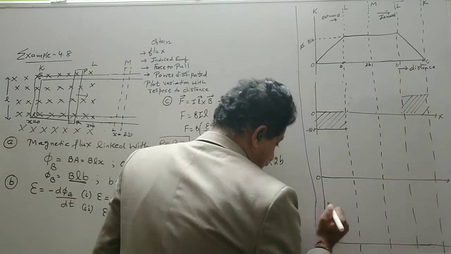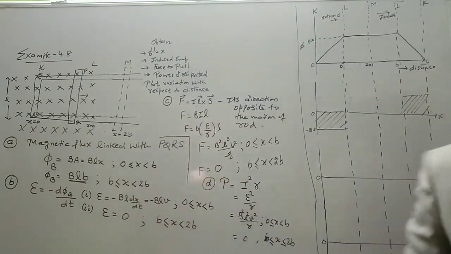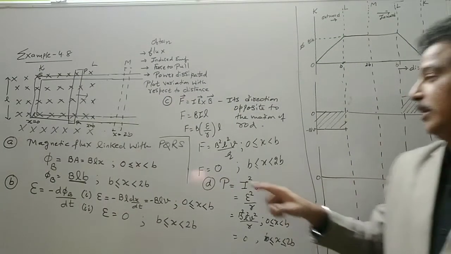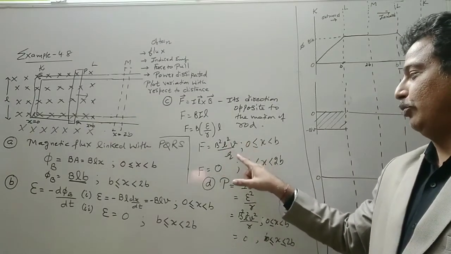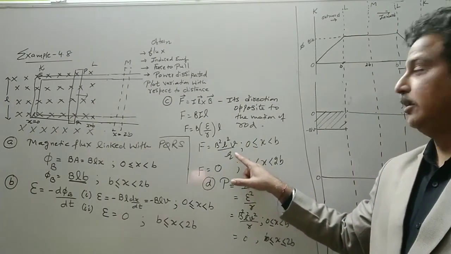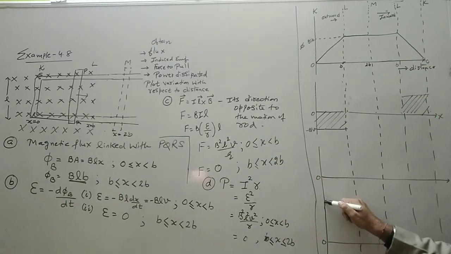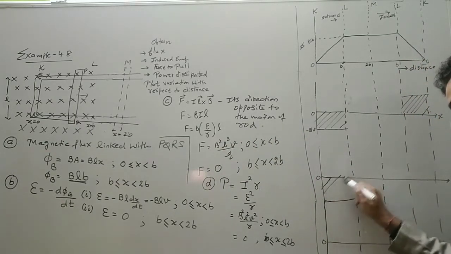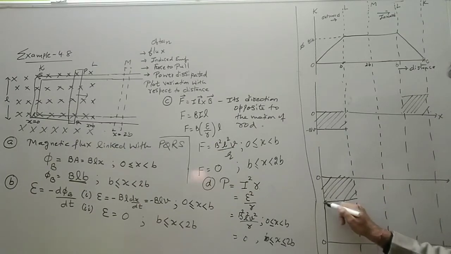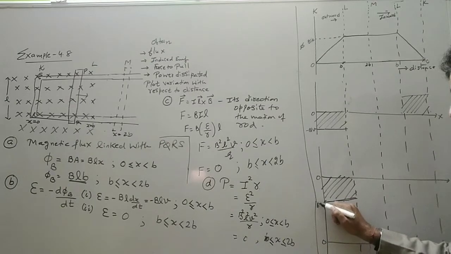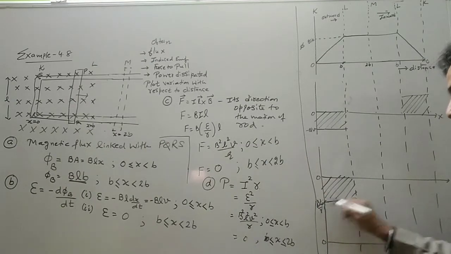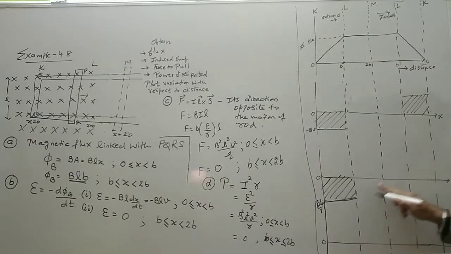But this force, see the expression: it is B square L square V upon R, where R is the resistance. B is constant, L is constant, speed is constant. So the force required to pull is again constant. This is the graph for the region K to L, and its value becomes B square L square V upon R. Then 0, 0. Now you are moving inward.